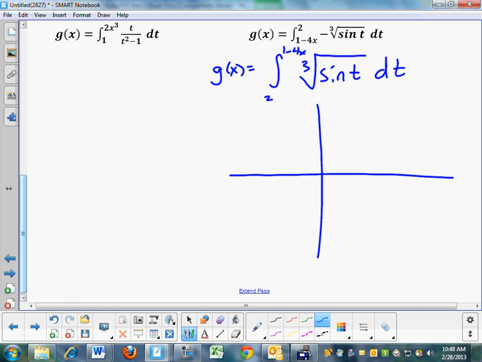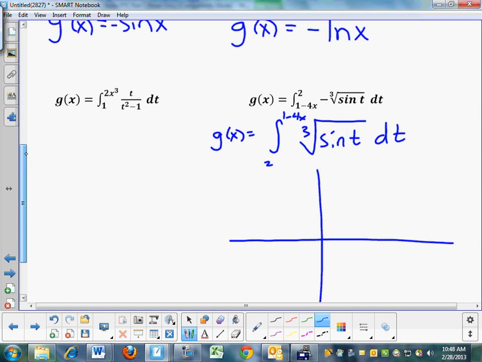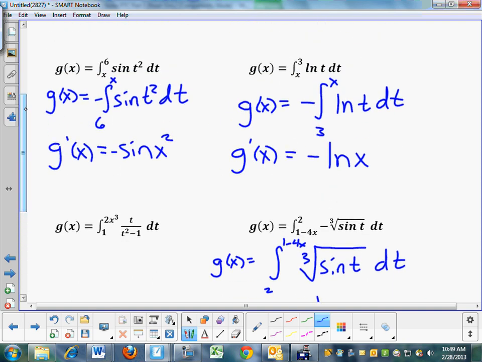So go ahead. This one, because we flip these values to get x on the top, it switches it to a negative value, which will cancel that one out. This one, you can put it on the outside or the inside.